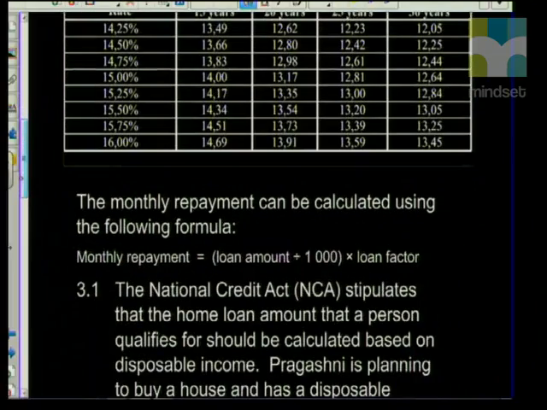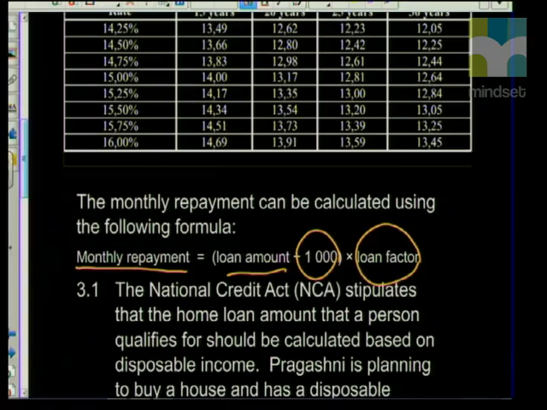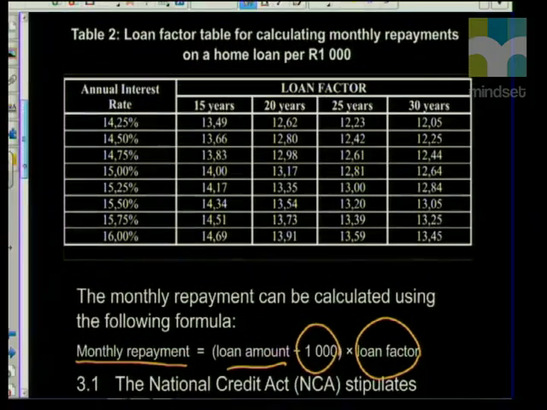Now, the interesting thing about the factor table is it's got this little formula. It tells you that you use the factor table to calculate the monthly repayment, where the monthly repayment is equal to the loan amount divided by 1,000 multiplied by the loan factor. So let's just take one example.